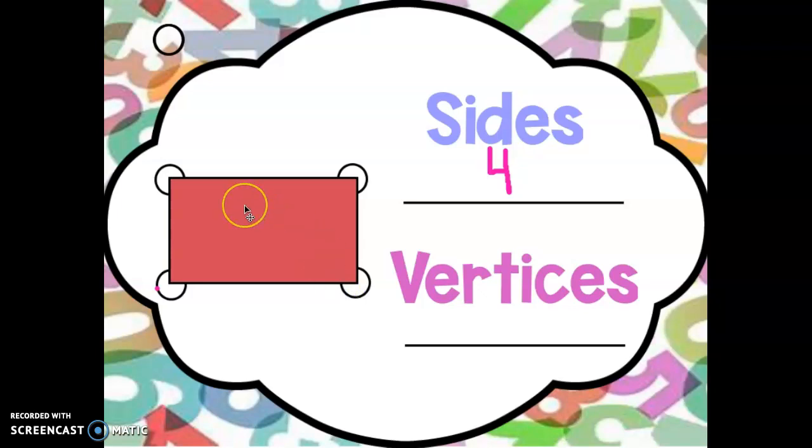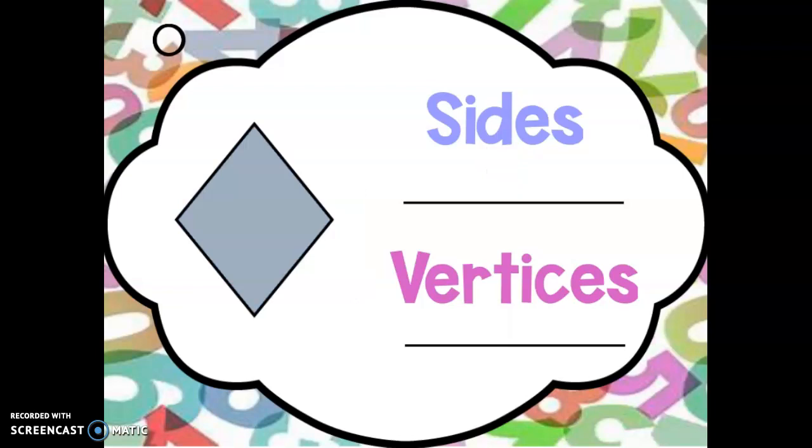So let's see how many vertices or corners this rectangle has. 1, 2, 3, 4. Very good. So this rectangle has 4 sides and 4 vertices. Good job.